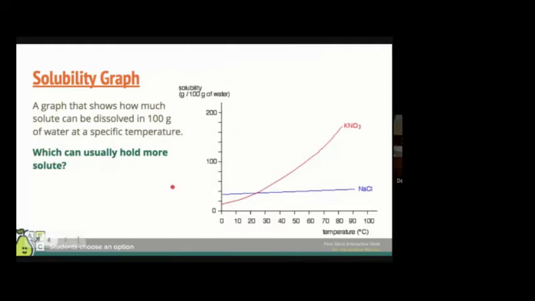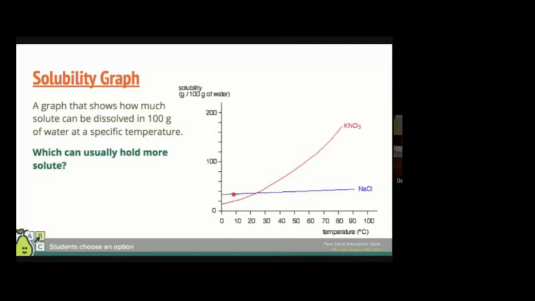Which can usually hold more solute? Lower temperatures or higher temperatures? And we can see that there's a pretty direct relationship between the amount of solute that will dissolve in a liquid and the temperature. So the warmer the solution or the solvent becomes, the faster the particles move, and the more of the solute particles it can keep suspended or dissolved in the solution.